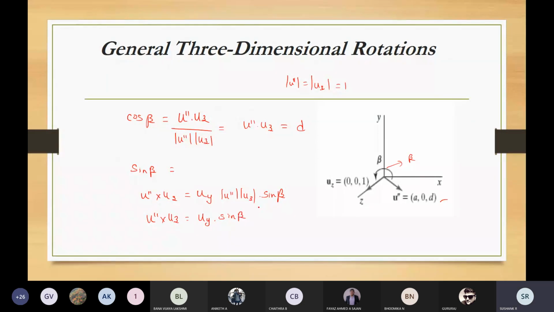Similarly one more equation, in terms of the coordinate system, uy into minus a. Equating equations 1 and 2, uy into sine beta equals uy into minus a. Y gets cancelled, so sine beta is equal to minus a. So here we got cos beta as d and sine beta as minus a.